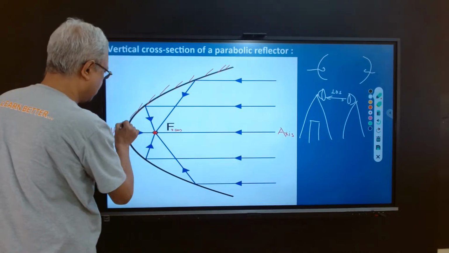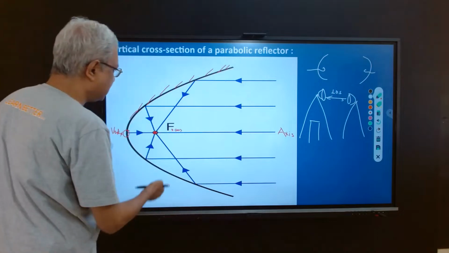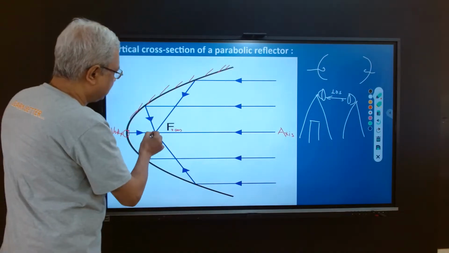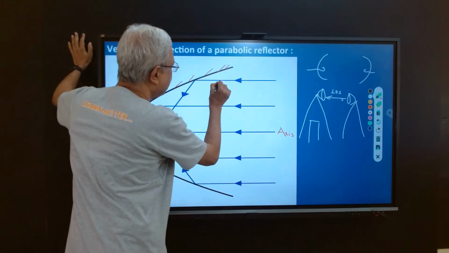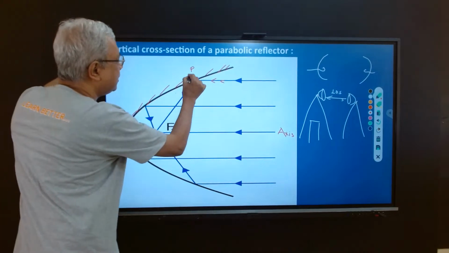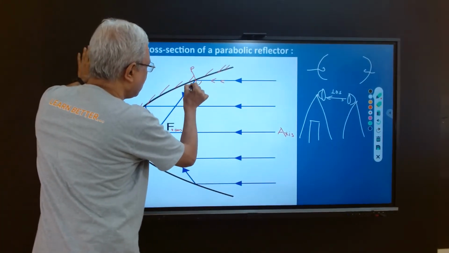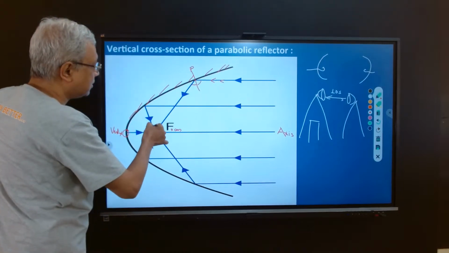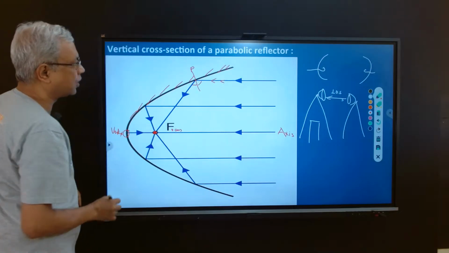So if rays of light come like this, parallel to the axis, then after reflection, they all meet at the focus. Reflection means when the ray of light strikes this point, which is on the parabola, then it obeys Snell's law, and after obeying Snell's law, the reflected ray moves like this. And for all such cases, the reflected rays pass through the focus.